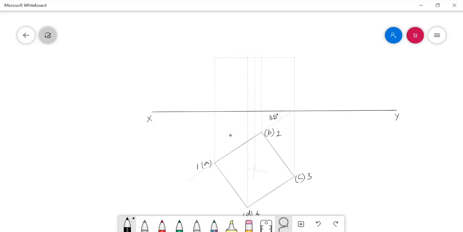And I have to mark the various corners in the front view also: A dash, D dash, B dash, C dash, similarly 1 dash, 4 dash, 2 dash, and 3 dash.